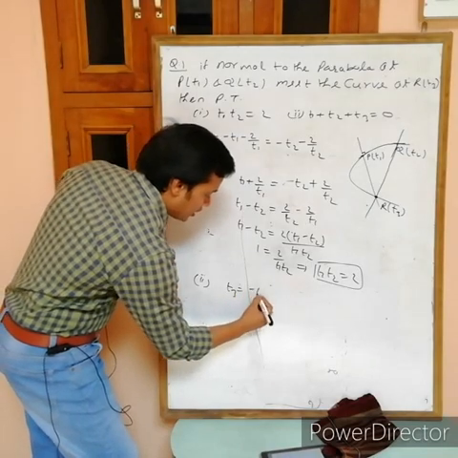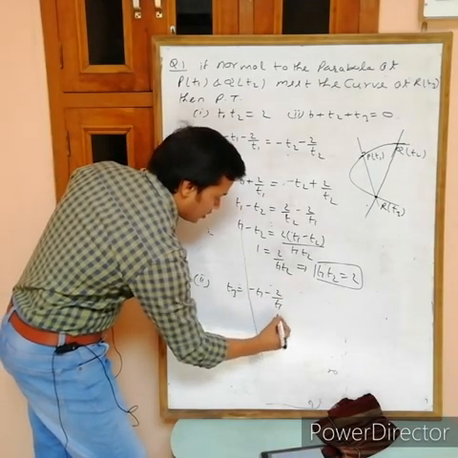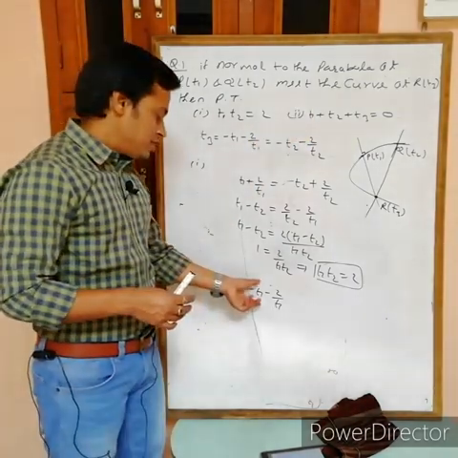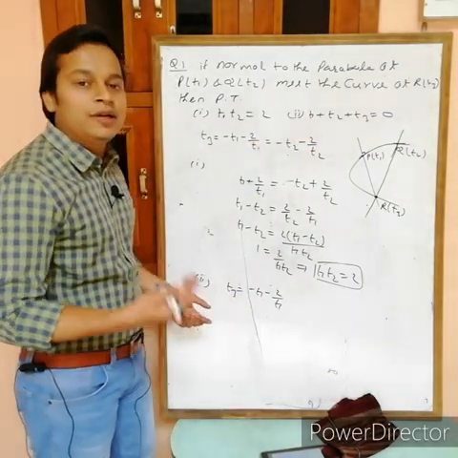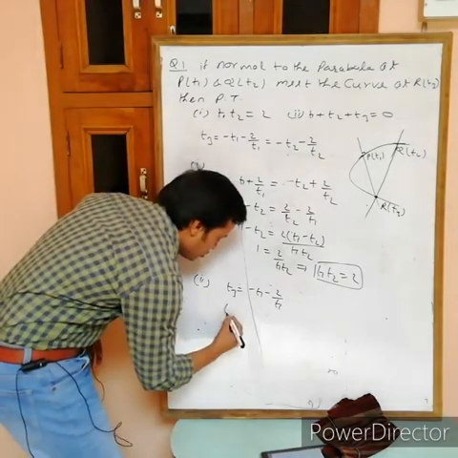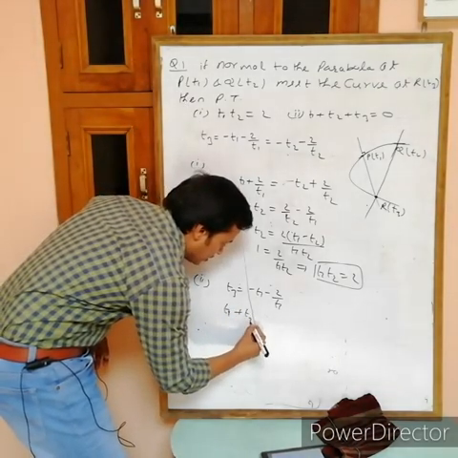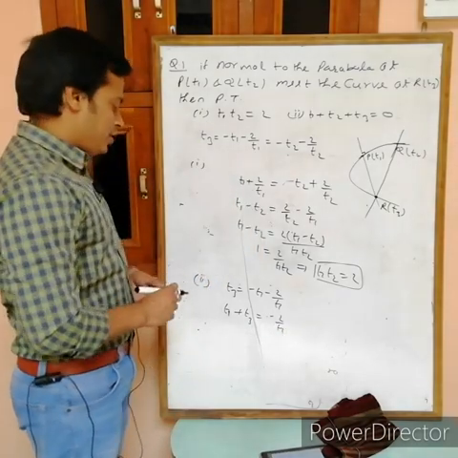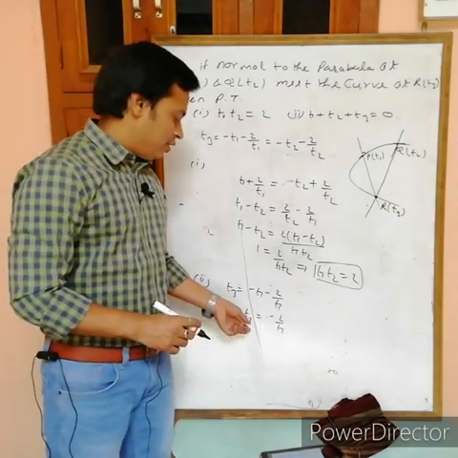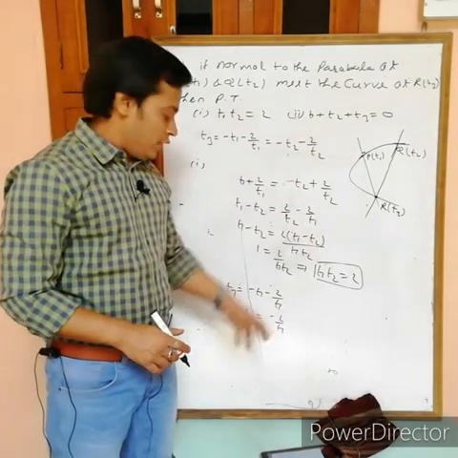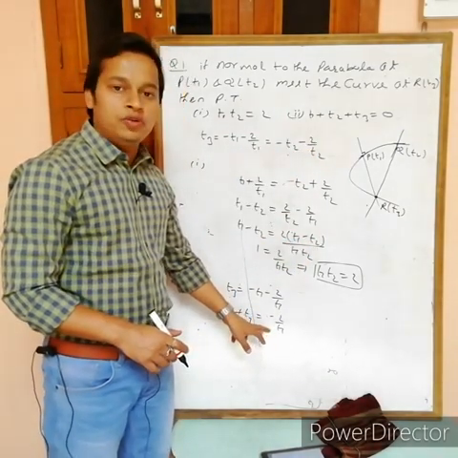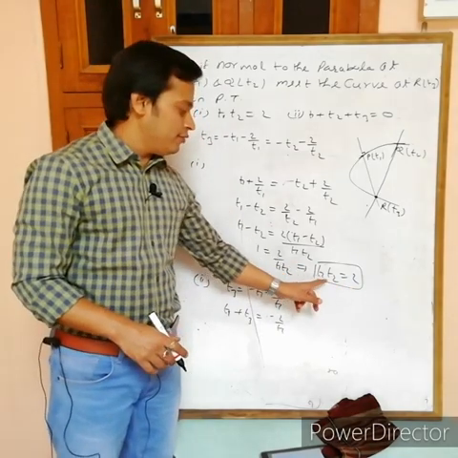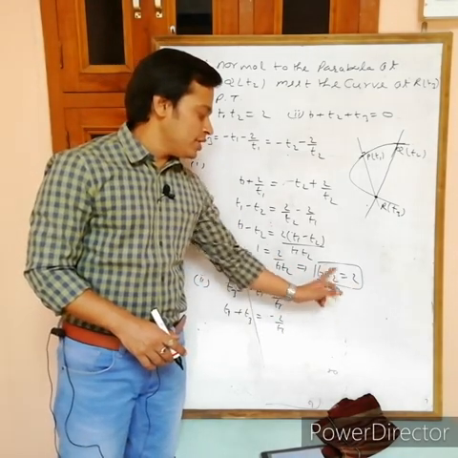T3 equals minus T1 minus 2 by T1. We want T1 plus T2 plus T3. So first take minus T1 to this side, then you will get T1 plus T3 equals minus 2 by T1. Now here we have T1 and T3, but we want T2 as well. Can you write this in terms of T2? Yes: 2 by T1 equals T2, because T1 T2 equals 2.